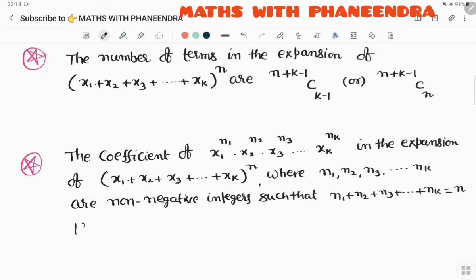The coefficient is n factorial divided by n1 factorial into n2 factorial, n3 factorial and so on nk factorial.